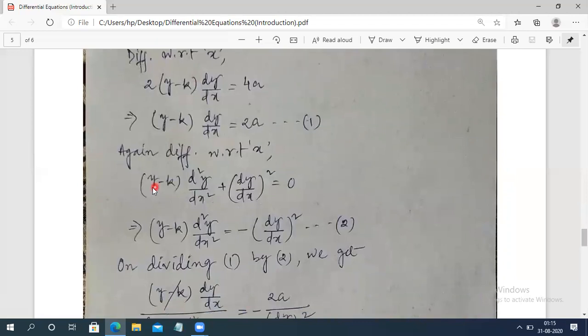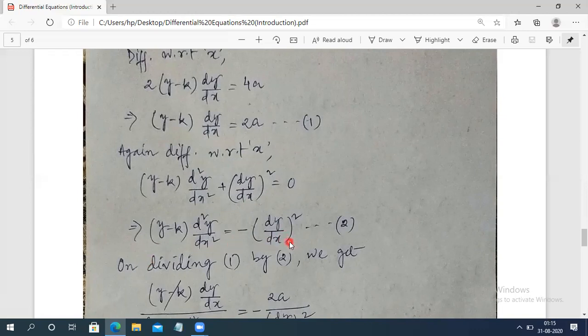We'll get, by the product rule, (y minus k) d2y/dx square plus (dy/dx) whole square is equal to 0. That means (y minus k) d2y/dx square is equal to minus (dy/dx) whole square.